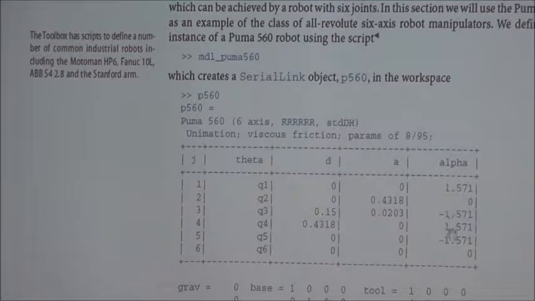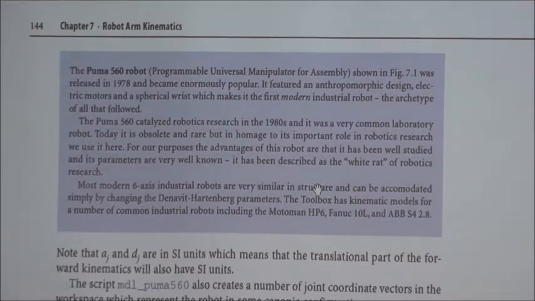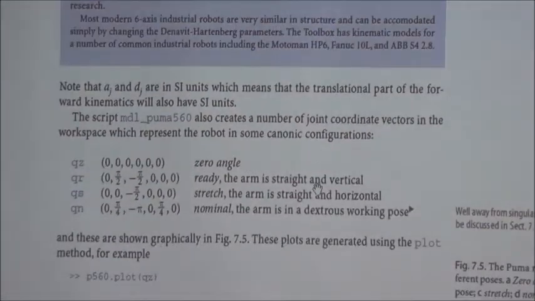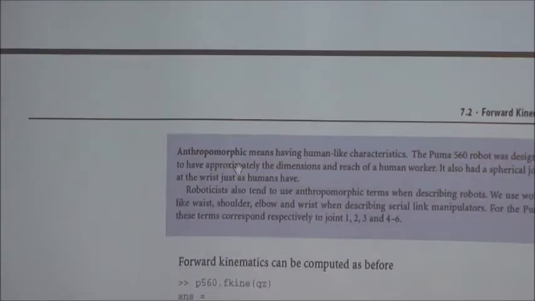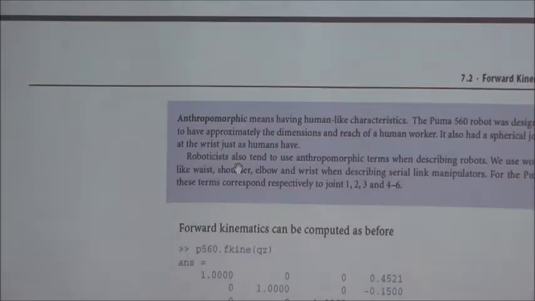Alpha is also in radians and fixed. D is also fixed. The only variable is the theta, the rotation of the joint. Okay, the base moves, the shoulder moves, the elbow moves, and then you pitch and roll. Okay, you have 6 of them. So here is a cartoon of a Puma 560 in different configurations. Okay, and you can plot this easily.